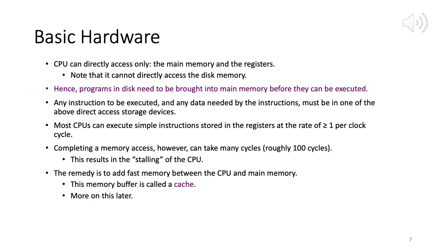If you have something in registers, the time to access that data will be very less compared to accessing from main memory. For registers, the execution rate could be greater than or equal to 1 instruction per clock cycle, whereas a memory access operation can take maybe 100 cycles.